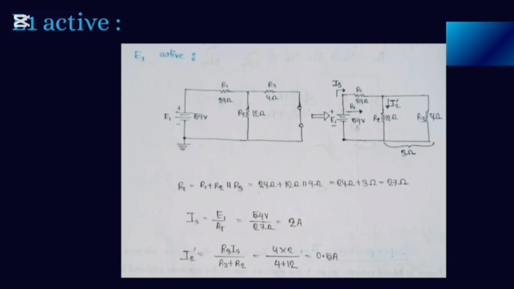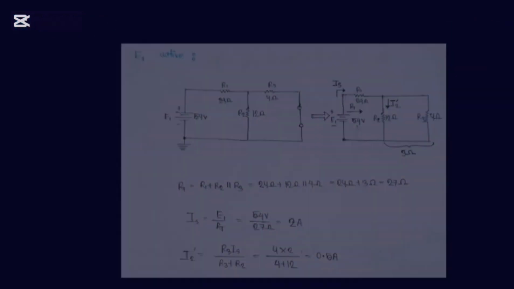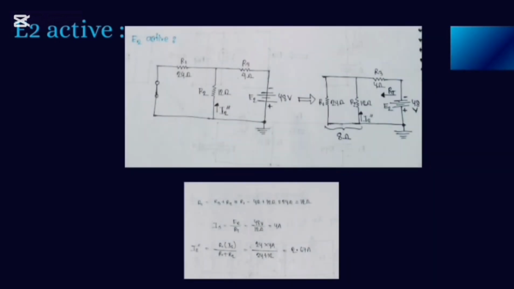Then we first find the value RT, R1 plus R2 in parallel with R3, and the total value of RT is 27 ohm. Then we find IS equals E1 by RT, and the total value of IS is equal to 2 ampere. And lastly we find I2 prime equal to R3 times IS, over R3 plus R2.